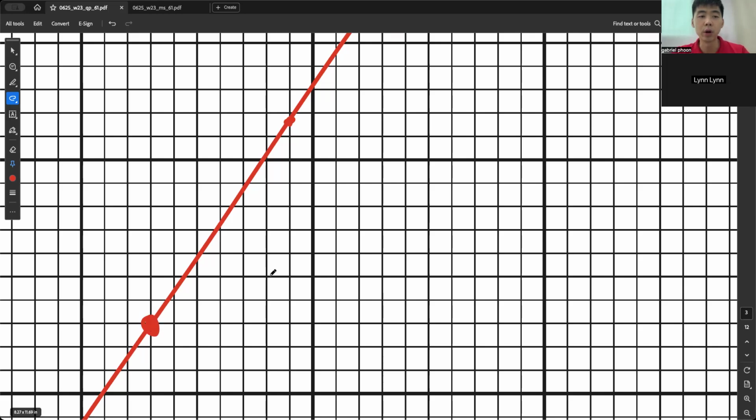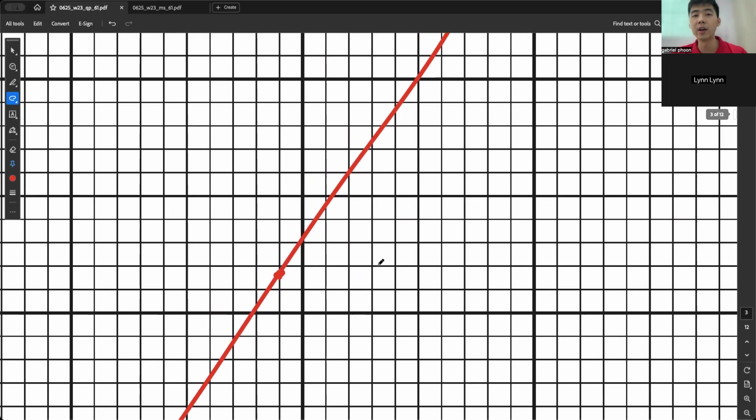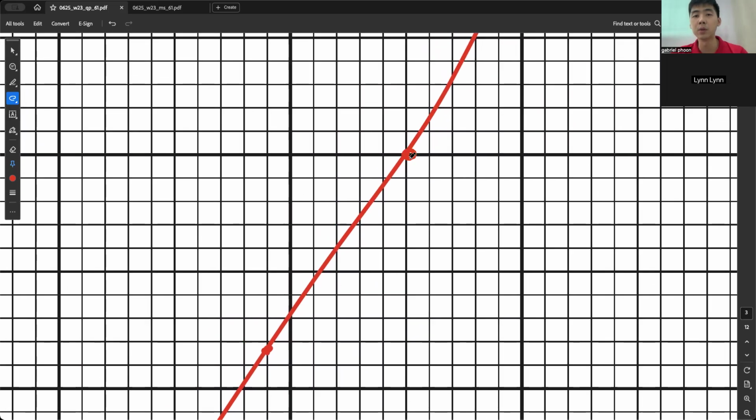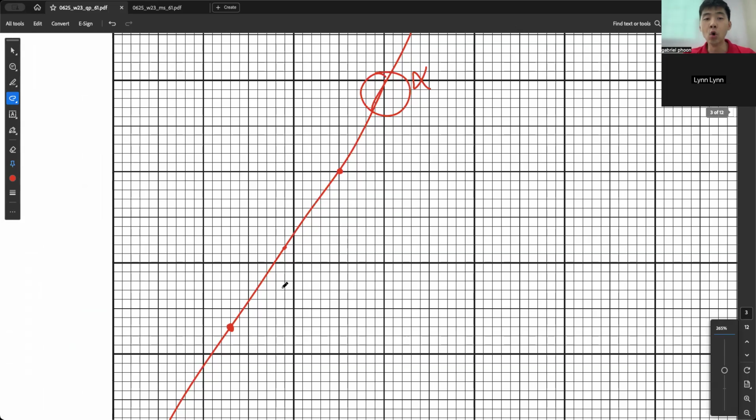I can use this point, then I need to find another point somewhere further away. Maybe this one. With this, I can show the marker that I'm using the triangle method. I need to literally draw dotted lines with your ruler, obviously. Then I need to find the coordinates here. I'll use m = (y2 - y1) / (x2 - x1) to find the gradient. Then you're good to go.